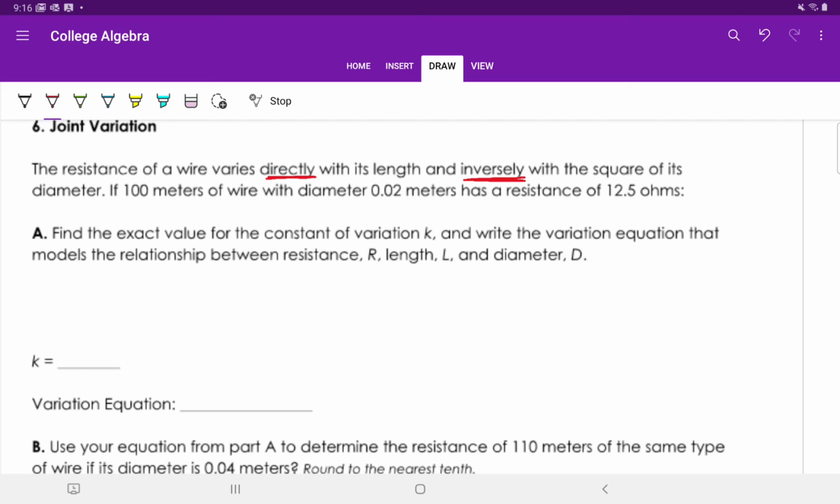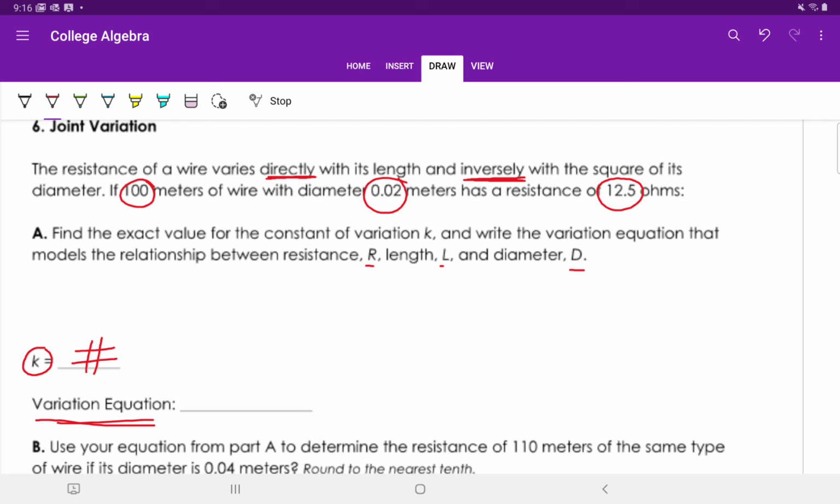For part A, you're going to be plugging numbers in for R, L, and D. You're going to be plugging numbers in for your various variables in order to find a number for K. So your answer for K should be some value that you can calculate. However, for your variation equation, your goal here is to write an actual formula, an equation that has variables in it.